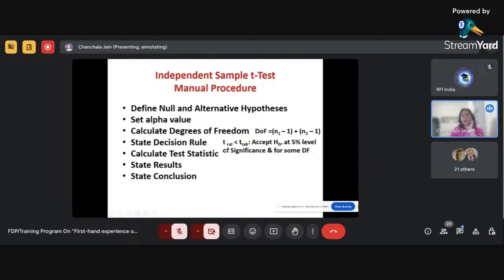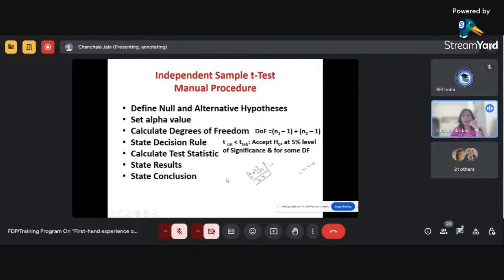As I told you previously, in the manual calculation we compare the calculated value and the tabulated or critical value, and decide whether we accept or reject the null hypothesis. When your calculated value is less than your critical value, you accept your null hypothesis. This is at the 5% level of significance and for whatever degrees of freedom you get.